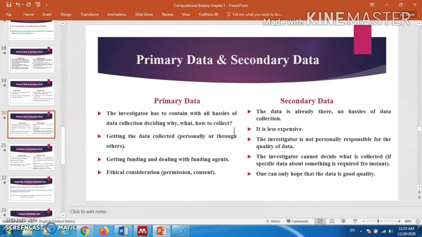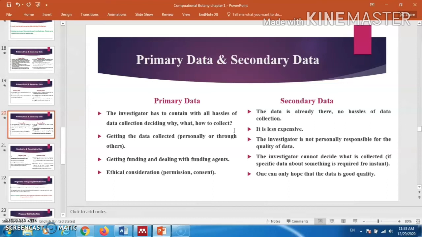Suppose you have to do a survey of a particular area, or a survey for pathological diseases, or a survey to record the biodiversity of that particular area. In this case, this is the primary type of data.